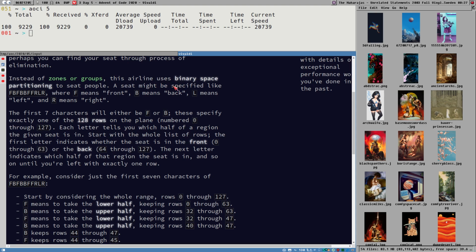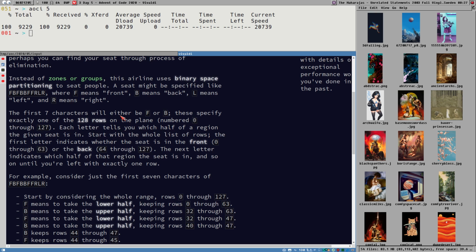This airline uses binary space partitioning to seat people. A seat might be specified like blah blah blah, where F means front, B means back, L means left, and R means right.